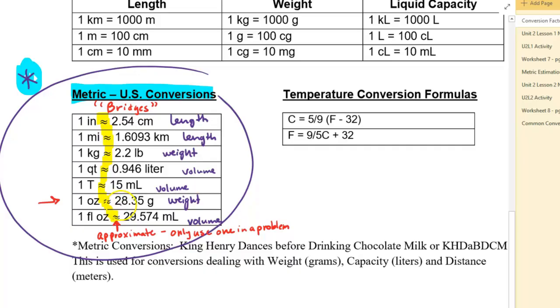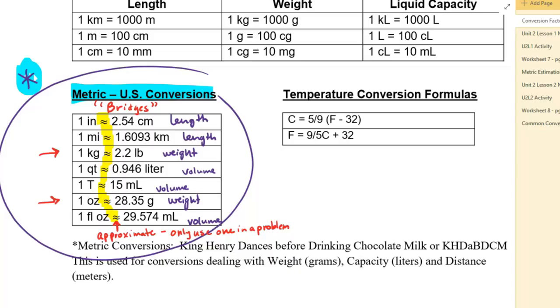Or we could use this one here and go, we're given pounds, we can convert directly to kilograms, but then we would have to go from kilograms to grams. Now, there is no way to know which one I would use, so I will take either method that you would like.